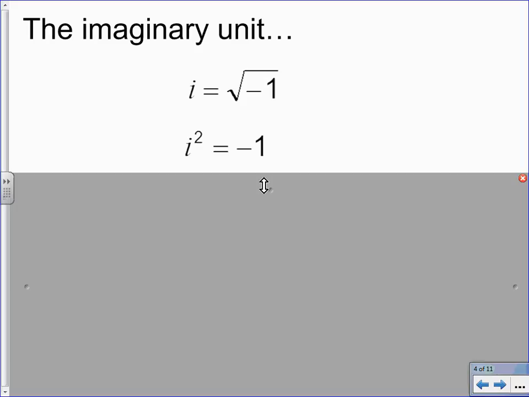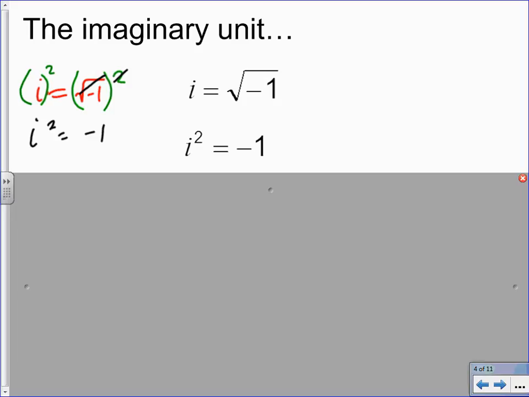You could think about this a couple of different ways. Algebraically, you could start with the imaginary unit, i equals the square root of negative 1. And you could say, in order to get i squared, I will square both sides. And when you square both sides, you'll get i squared on the left, and a square will cancel out a square root, so you get negative 1 on the right.